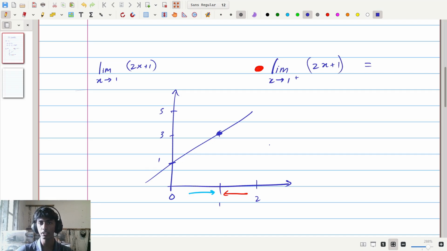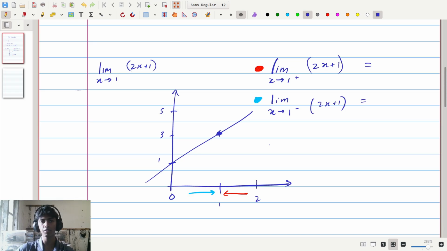Similarly, if we go from the other side, the blue limit, the limit as we go from the left hand side, as we get close to x equals 1 from the left hand side, would be written as lim x arrow 1 from the negative side, written with a small negative here, of 2x plus 1.